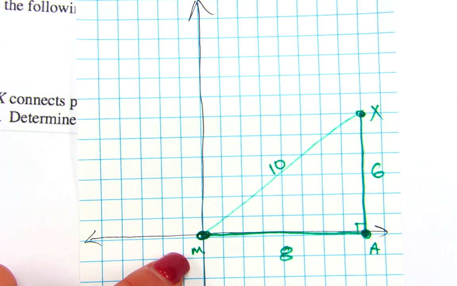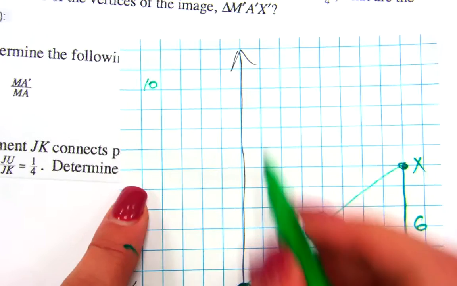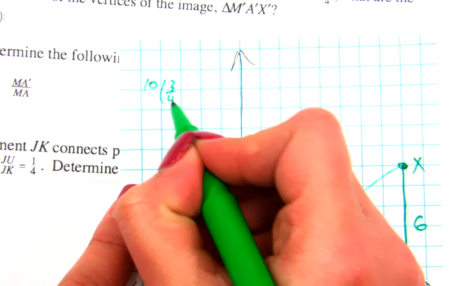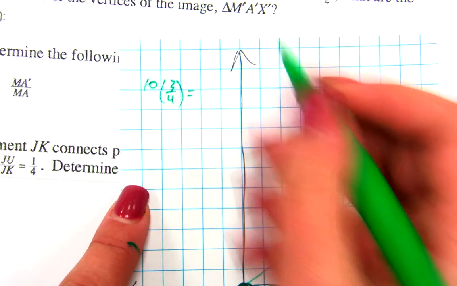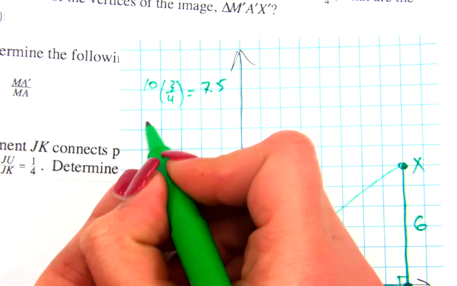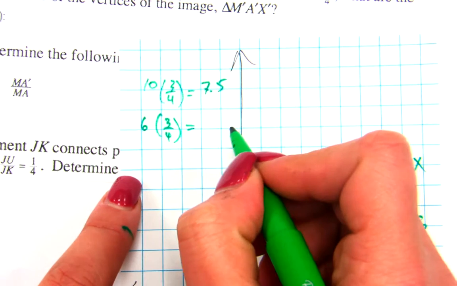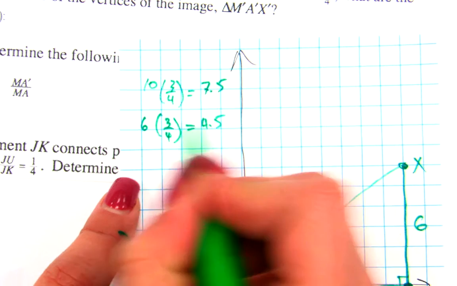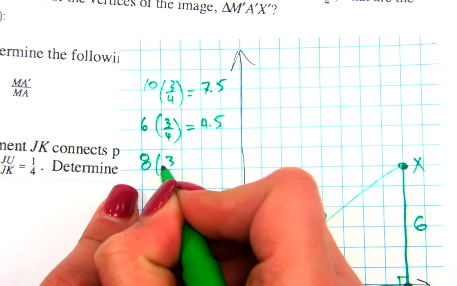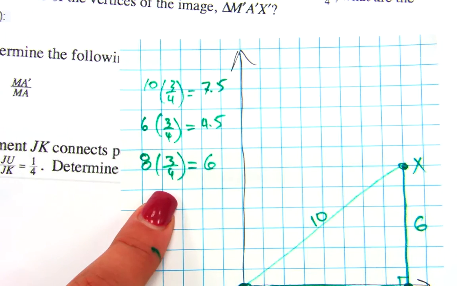Now, off of 6, 8, and 10, we're going to take 3/4 of all of those. So 10 times 3/4 is going to give you 7.5. 6 times 3/4 is going to give you 4.5. And then 8 times 3/4, this is like the only nice one, is 6.